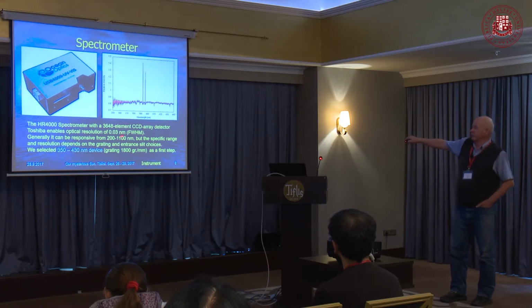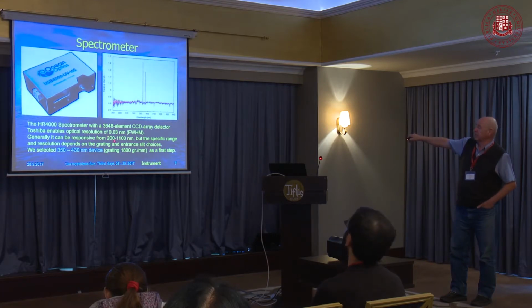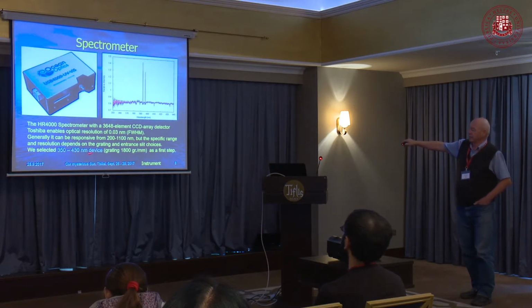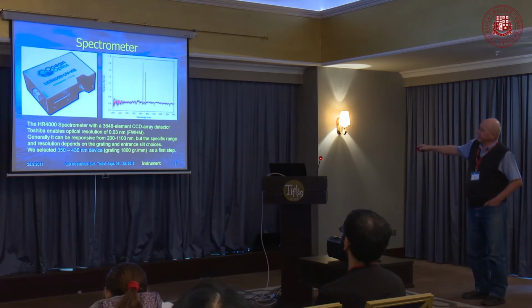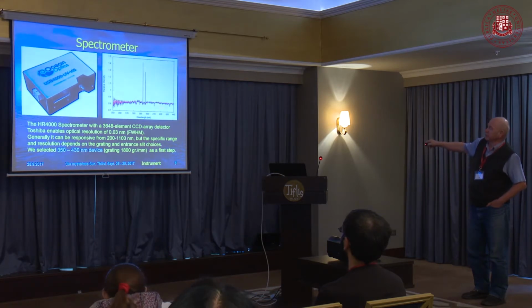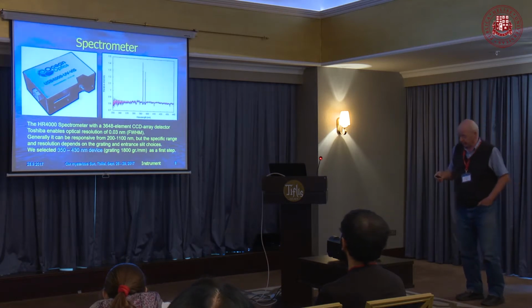In fact, it's possible to have those spectrometers of this size for these wavelengths, and we selected as a first step this blue continuum region with such a grating. So we have about 3 pixels per angstrom. And here is how the solar registration in this spectrometer looks. Those are the calcium lines.